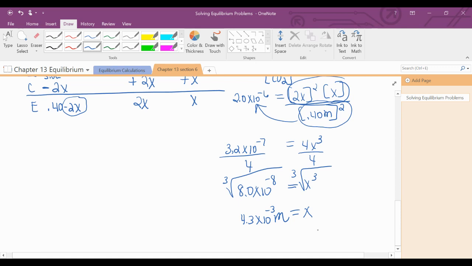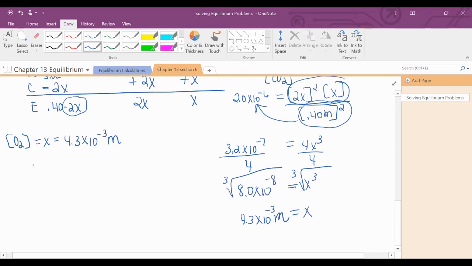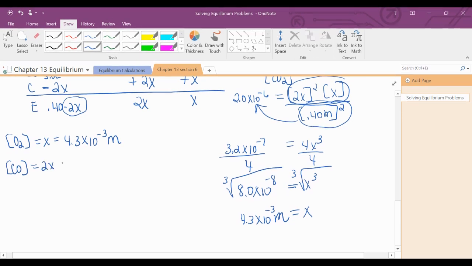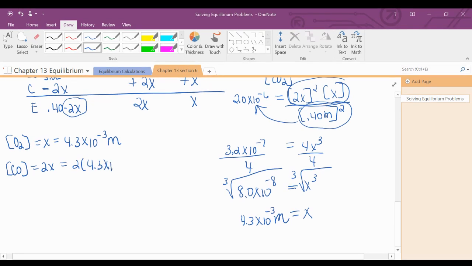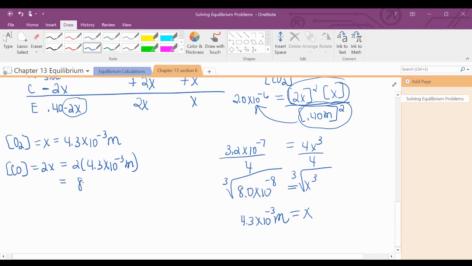All right, so then we're going to have to go back in and plug all of this into our ICE table. If I start with O2, remember that O2 is equal to x, so this would be 4.3 times 10 to the negative 3rd molar. If I go to CO, remember that this is 2x, so we're going to take 2 times 4.3 times 10 to the negative 3rd molar, and we get 8.6 times 10 to the negative 3rd.